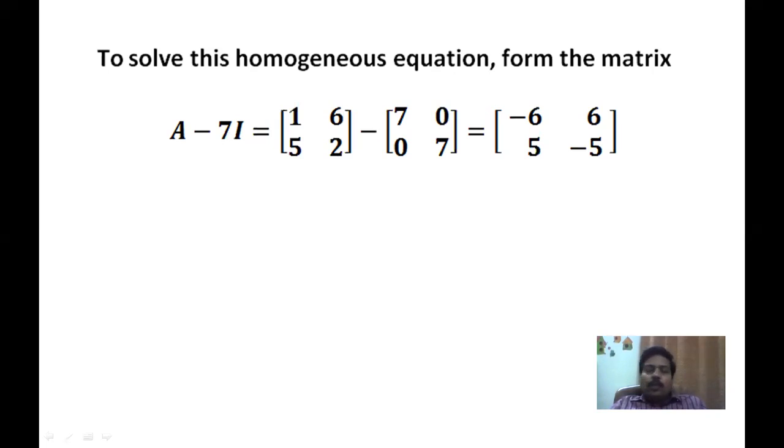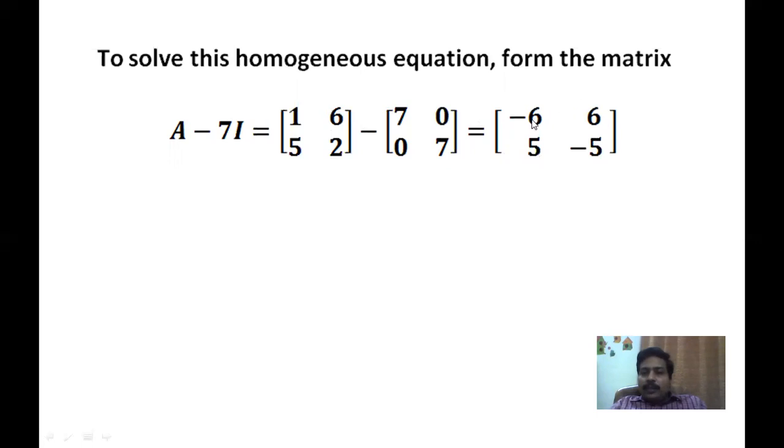So 7 into 1 0 0 1, that is 7 0 0 7. I am subtracting this from A. So 1 minus 7 is minus 6, and 6 minus 0 is 6, and 5 minus 0 is 5, 2 minus 7 is minus 5.